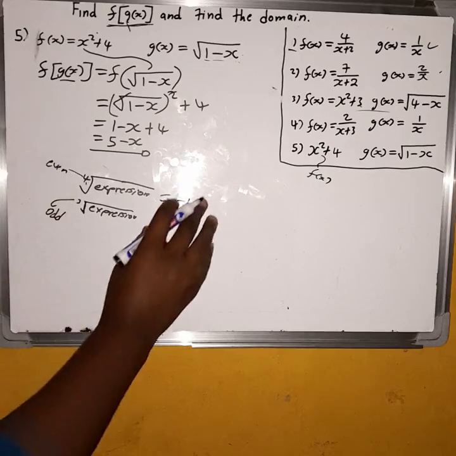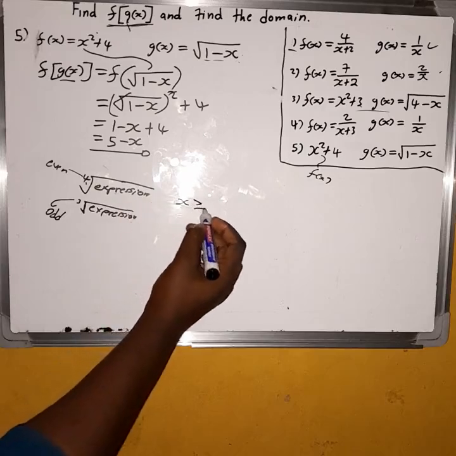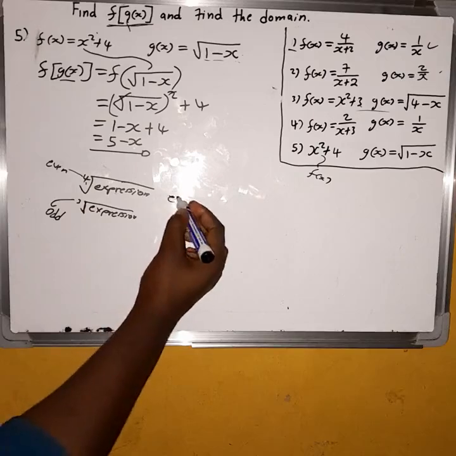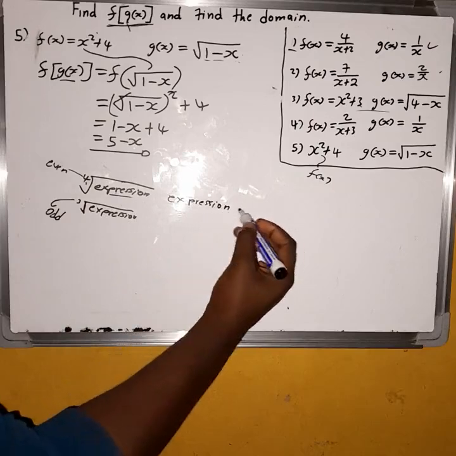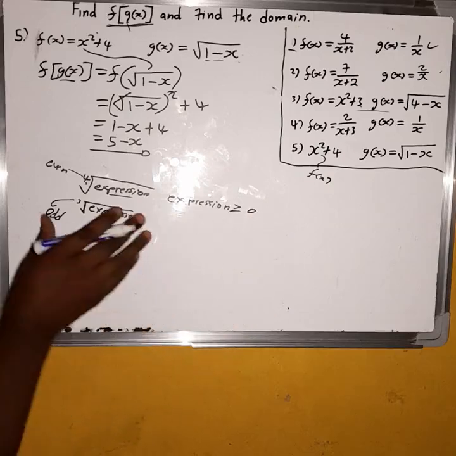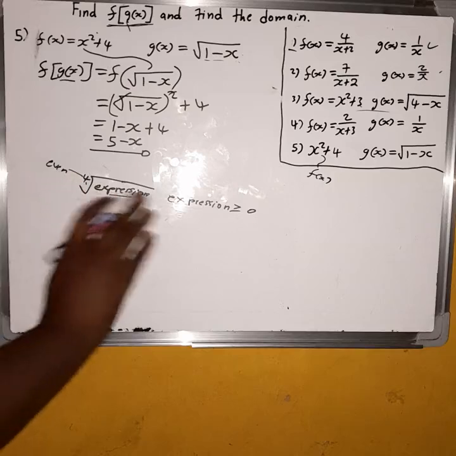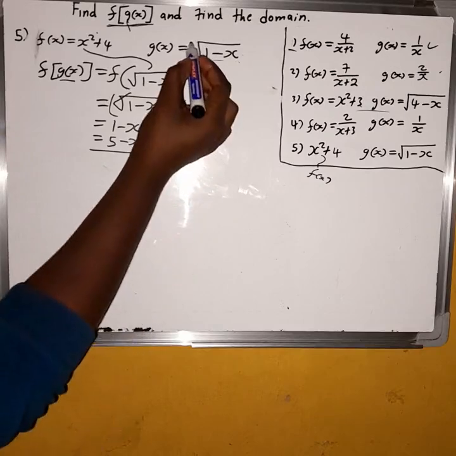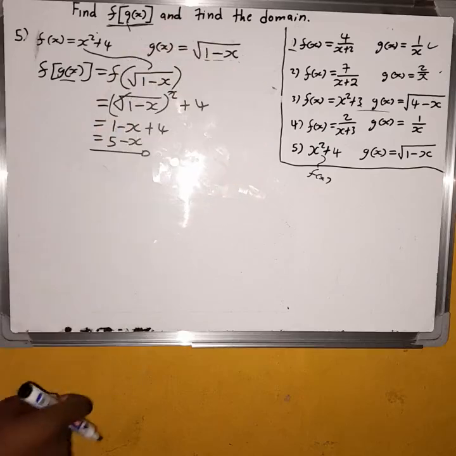We must find where the expression is greater than or equal to 0, but for the odd one there will be no restrictions. We know the expression cannot be negative if it's like that, right? So this 2 is the same as this 2, so definitely the expression must not be negative.